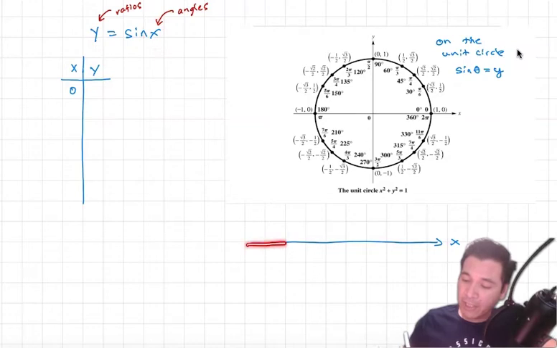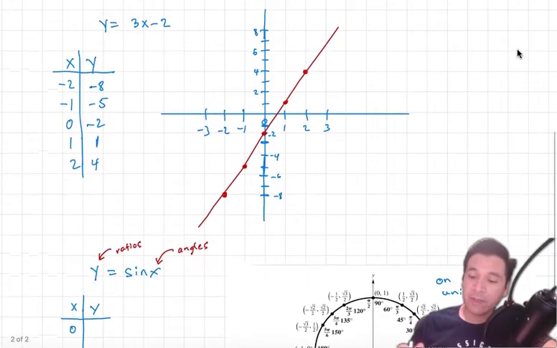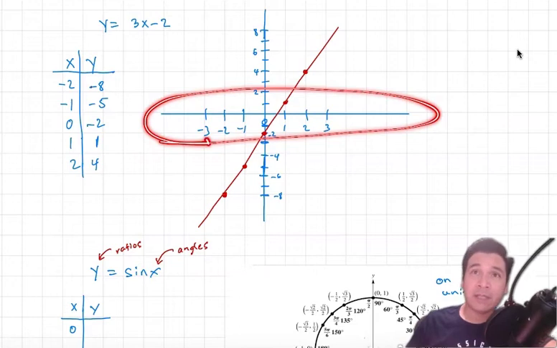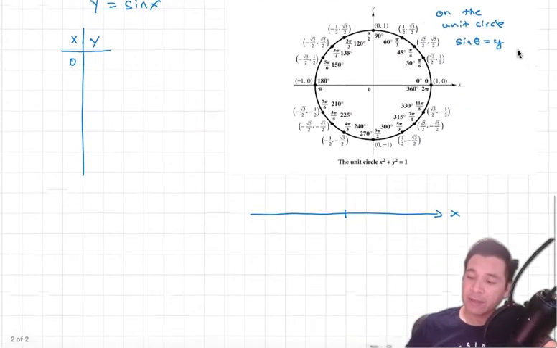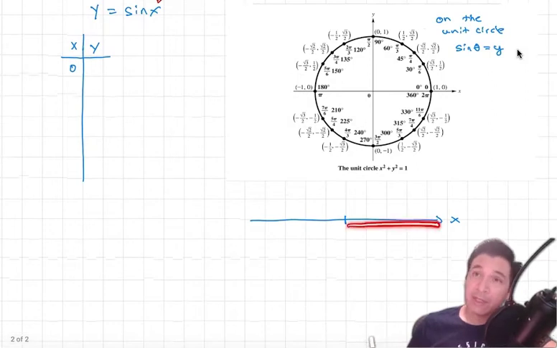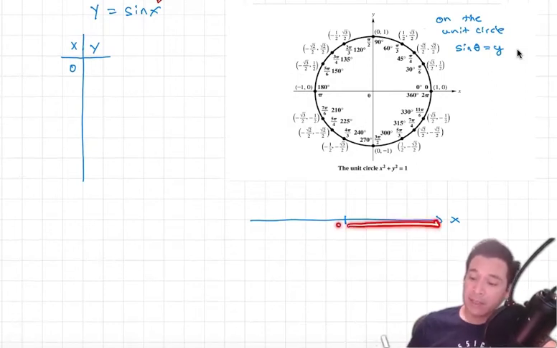So in terms of your x-axis, you're going to start at 0, just like back up here in this other graph we have this x-axis here, and numbers to the right are our positive values and numbers to the left are our negative values, right? Same thing here. So the values to the right are going to be our positive values, and to the left of 0 is going to be our negative values.